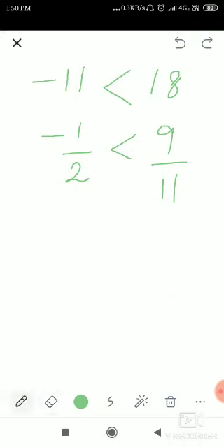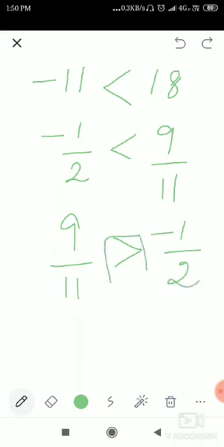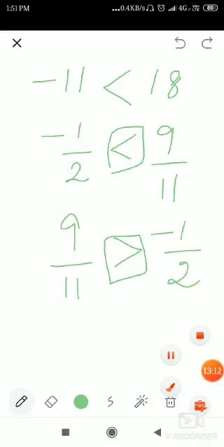You can also write it as 9 by 11 is greater than minus 1 by 2. You can read this symbol as greater than, and this is less than. Here they are asking for greater, so you can use the greater than symbol in this format. This is how we compare two rational numbers.